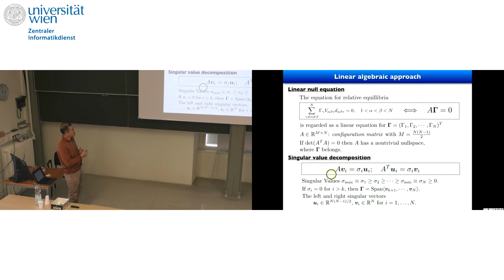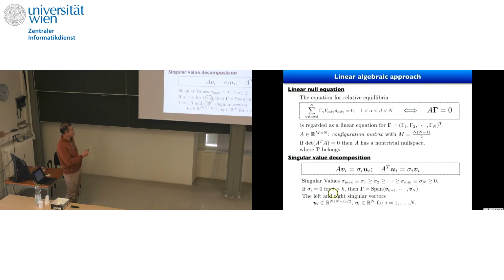By solving this coupled nonlinear and linear equation with respect to A and sigma i, we have singular values arranged in order like this, sigma 1 through sigma n, which are all positive or 0.